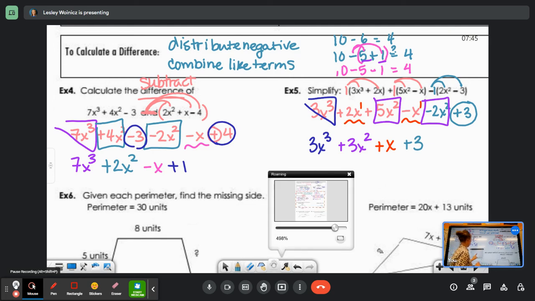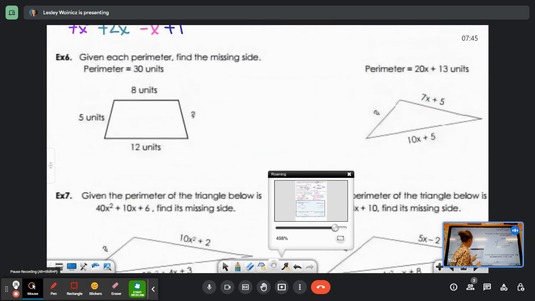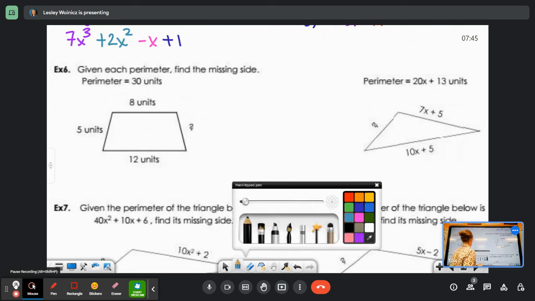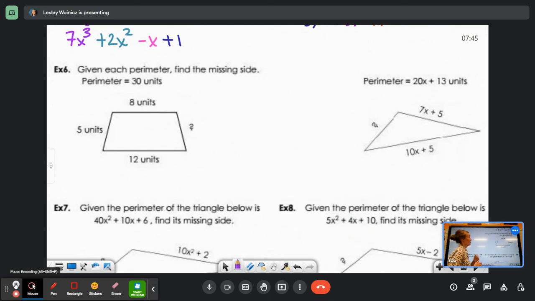Okay, let's talk about perimeter again. Given this perimeter, I have to find the missing side. They're telling me that the sum of all of the sides is 30, and I have to figure out what that last missing side is.